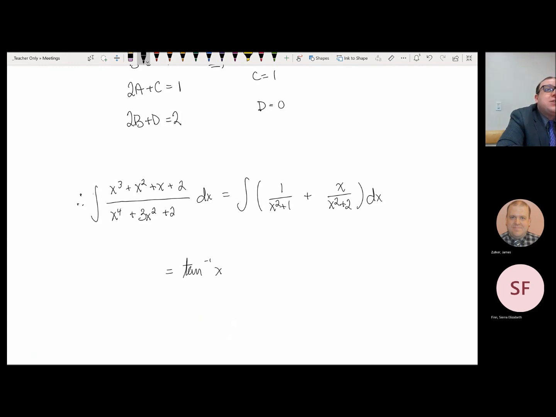Like if that was 1 over x squared minus 1, that's trig sub. Of course, if it was x squared minus 1, that would reduce to x plus 1 times x minus 1, so you could avoid that.